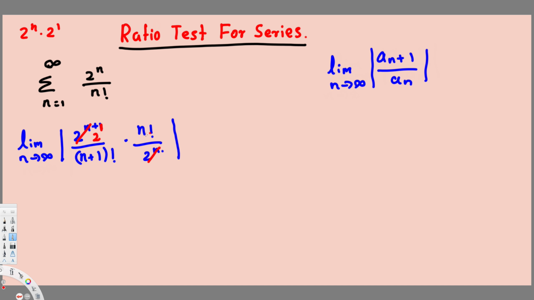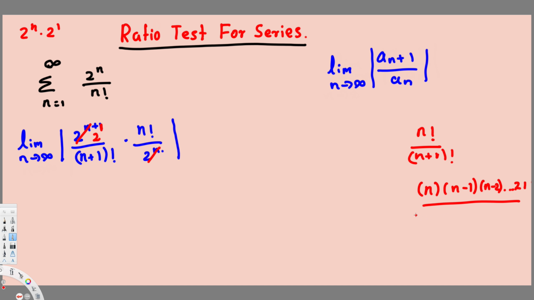And you can see everything except n plus 1 is going to be cancelled. For example, let's show this one right here. We have n factorial, and then we have n plus 1 factorial. This one expands like n times n minus 1 times n minus 2 times, and it goes until 2, 1 and finishes.